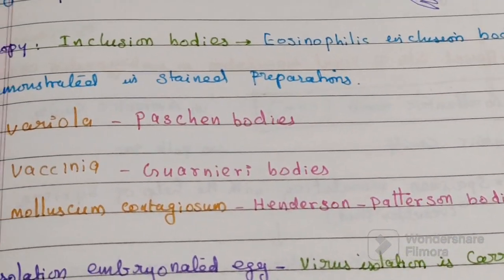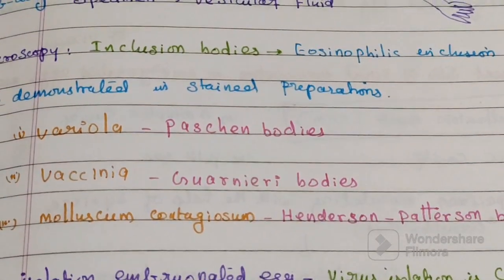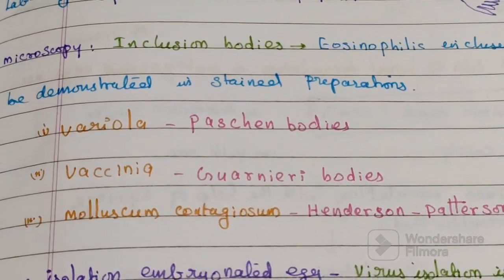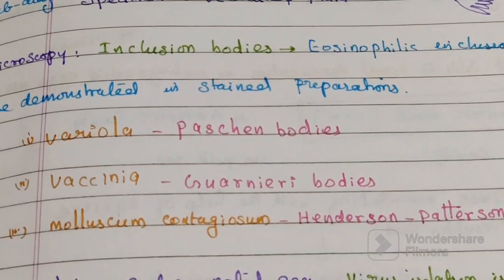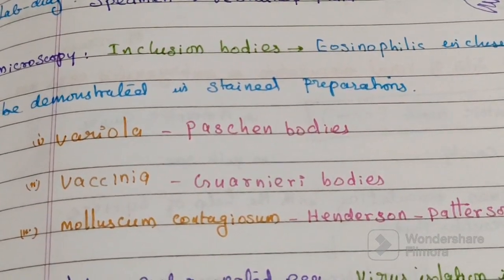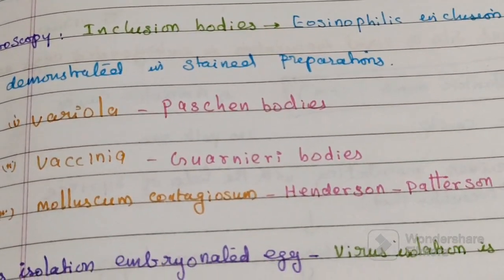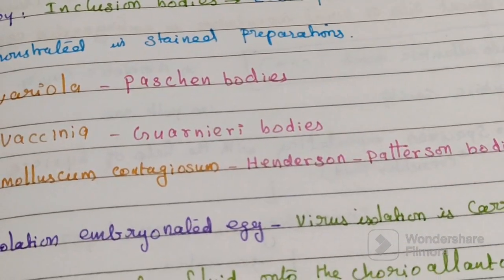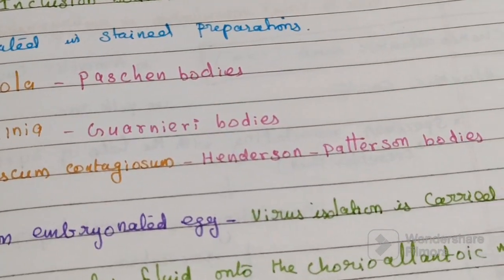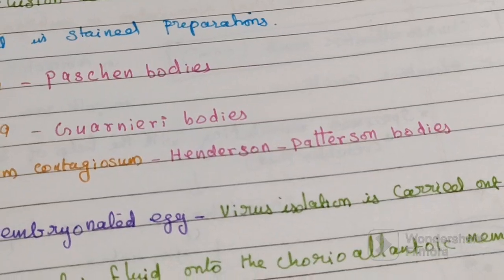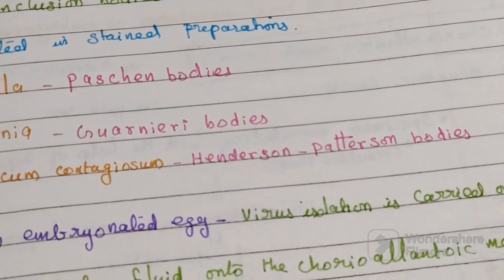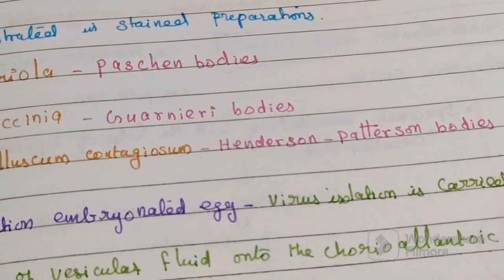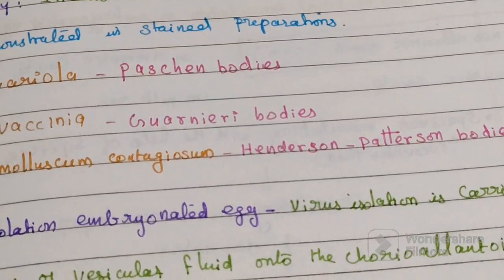So 3 types of inclusion bodies, which we can find using the microscope. Variola means Paschen bodies, Vaccinia means Guarnieri bodies, Molluscum contagiosum means Henderson-Paterson bodies, named after the scientists who discovered them.